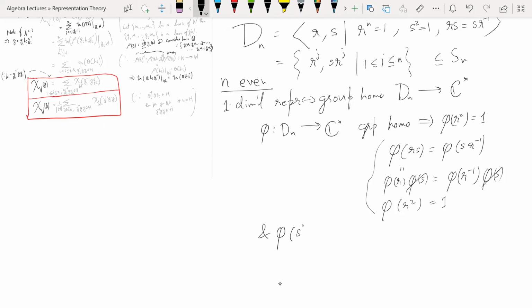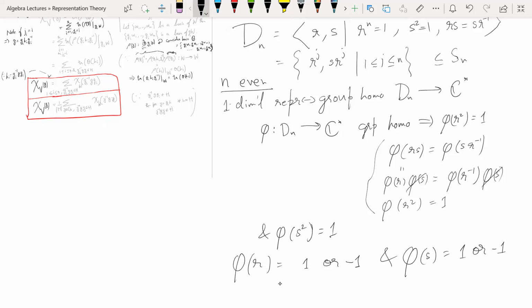Phi S square is also 1. So there are only these possibilities. Phi R has to be 1 or minus 1, and phi S has to be 1 or minus 1.